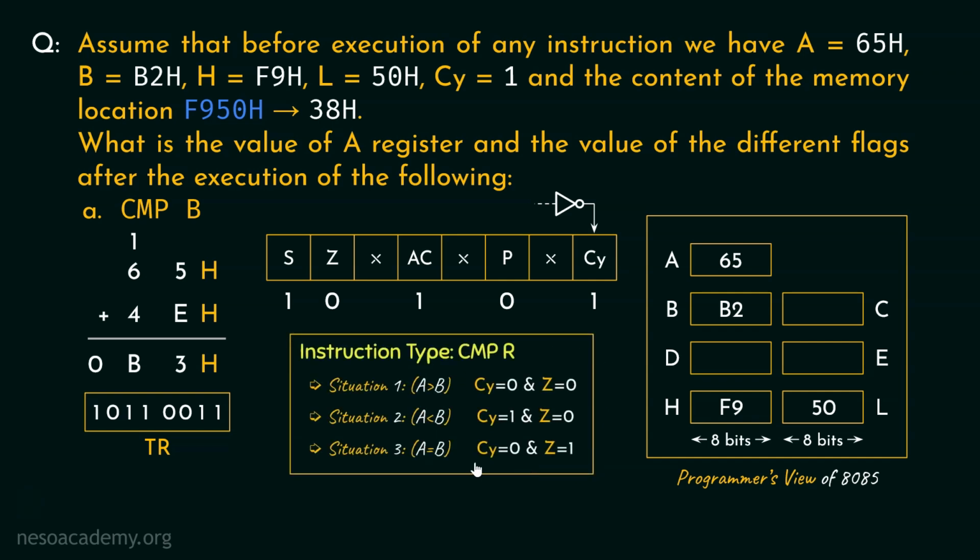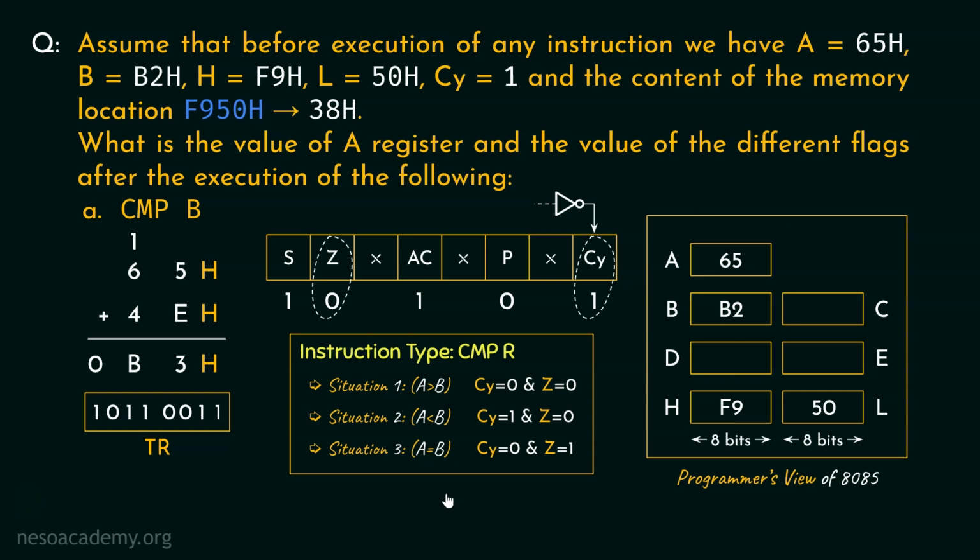Notice, in all these cases, we are supposed to consider the carry and the zero flag. Now what is the status of the carry flag here? It is 1. And what's the status of the Z flag? It is 0. Now when carry is set and the Z flag is reset, it means the accumulator's value is lesser than the B register, which indeed is correct.